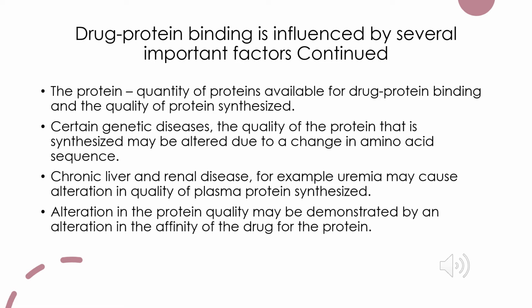Both chronic liver disease and renal disease, such as uremia, may cause an alteration in the quality of plasma protein synthesized. An alteration in the protein quality may be demonstrated by an alteration in the affinity of the drug for the protein.